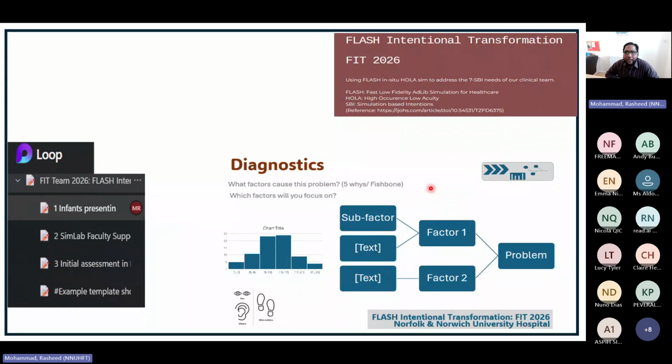We can utilize their expertise and share our expertise from the simulation point of view. And what we do is we take them through a 3-month cohort. And every 3 months in this flash intentional transformation, we do some synchronous teamwork based on the problem that they have taken ownership of.